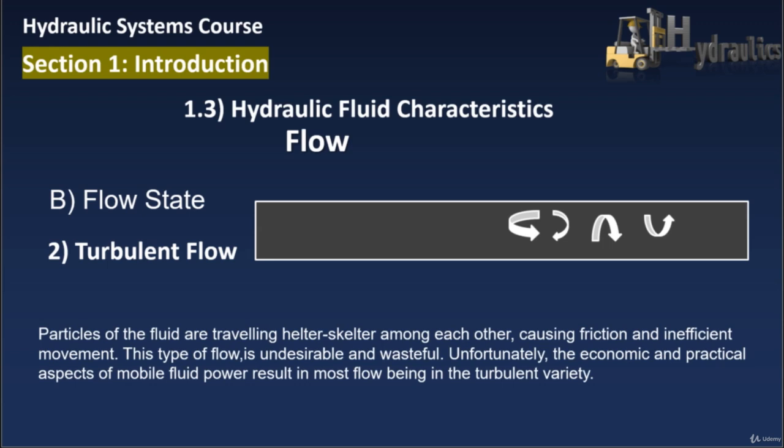Particles of the fluid travel helter-skelter among each other, causing friction and inefficient movement. This type of flow is normally undesirable and wasteful, but unfortunately, the economic and practical aspects of mobile fluid power result in most flow being the turbulent variety. We cannot avoid it, we have to deal with it, and we have to include it in our system design.